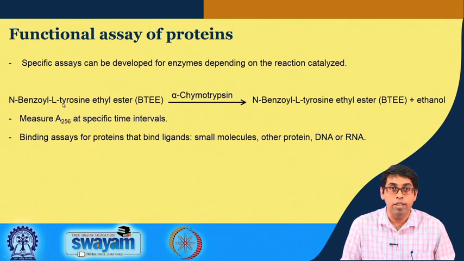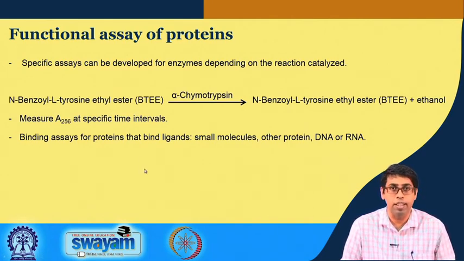Remember that tyrosine has its maximum at 280. So, at 256 it will give us very little absorption, and we can always subtract the background so that we can monitor the product formation at specific time intervals, and using that we can determine the activity of the enzyme.